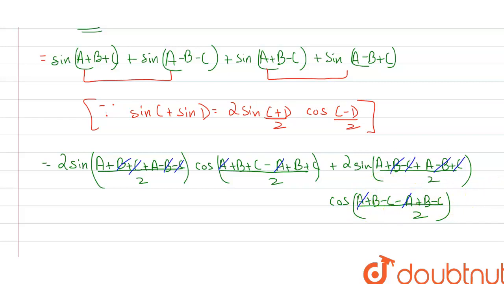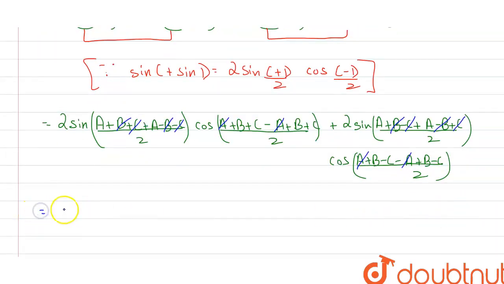So what we are receiving now is 2 sin. In the first one we get 2A by 2, positive, and cos of B plus C taken 2 times, so I can write 2(B+C) by 2, taking 2 common.